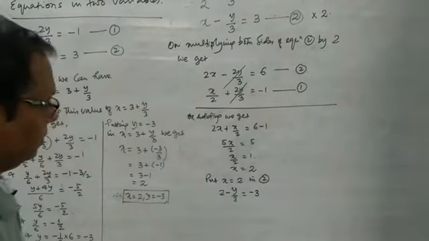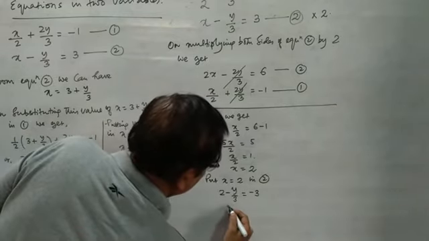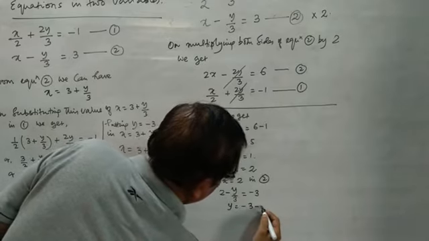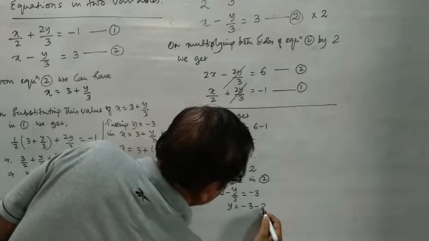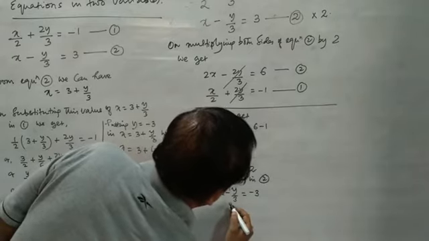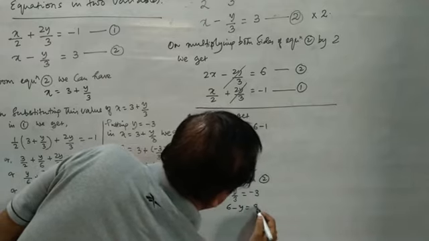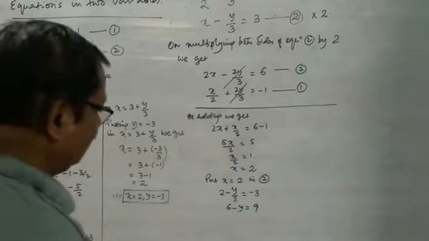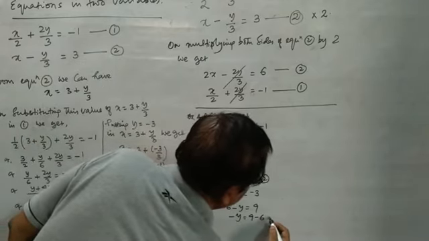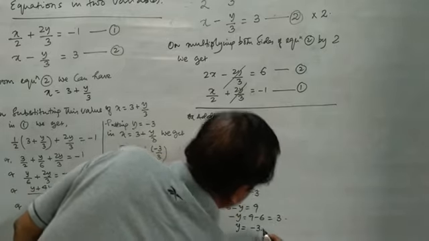You take this 2 on the other hand side, you will get y by 3 equals to minus 3 minus 2, you do like this, 6 minus y is equal to 9, you can write it, and minus y is equal to 9 minus 6, that will give us 3, and y is equal to minus 3.